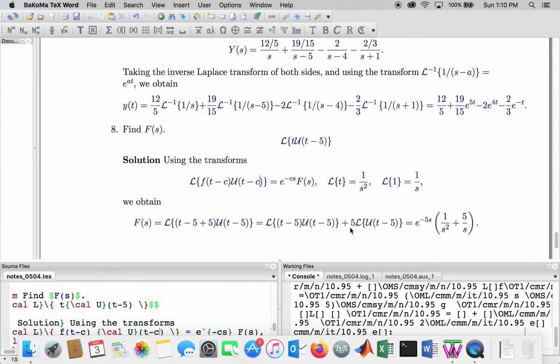And then for the other term, I have 5 times the Laplace transform of this unit step function times little f of t is equal to 1 in this case. So that leads to a 1 over s times the exponential e to the minus 5s times 5. So that's where all the different pieces come from.